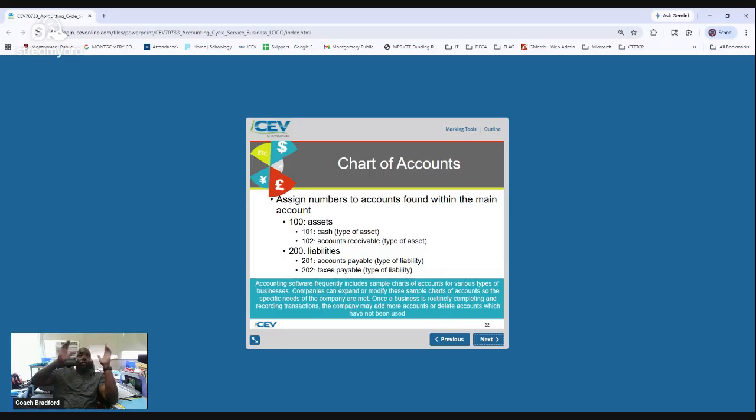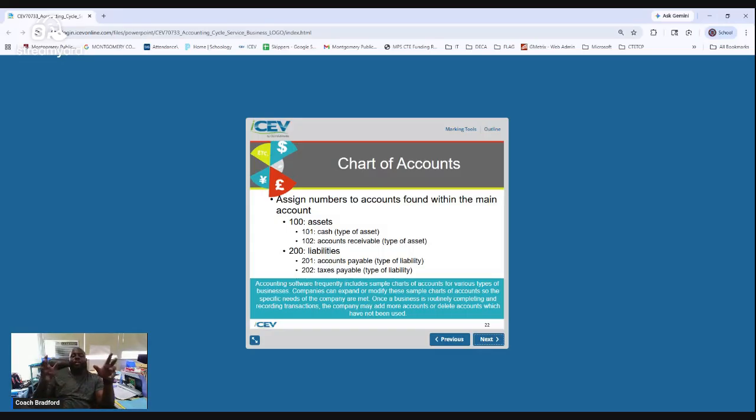So 100, assets. 101, cash. 102, accounts receivable, right? Then my 200 series, my liabilities. So remember, we got assets, liabilities, and owner's equity. So 100 is assets, then we break it down. 101, 102, 103. Then we got liabilities, 200, we break it down. Okay?